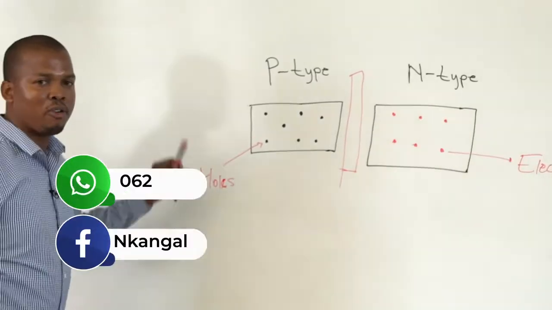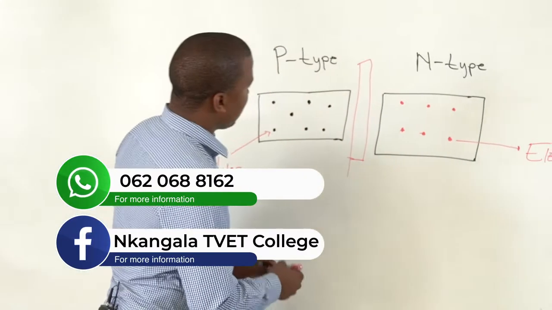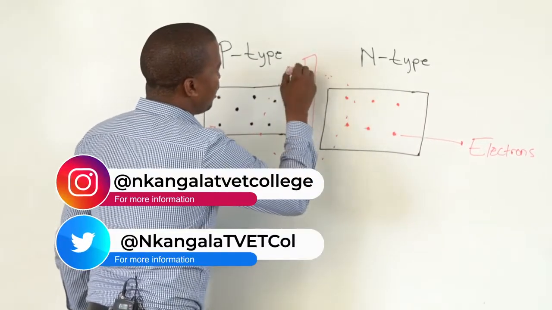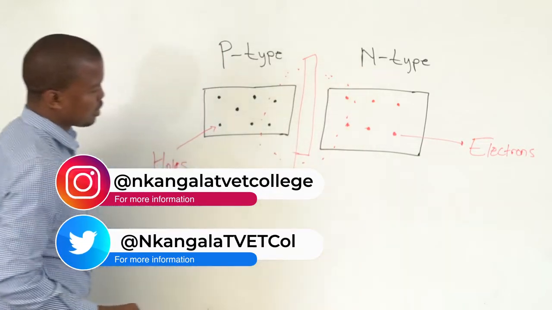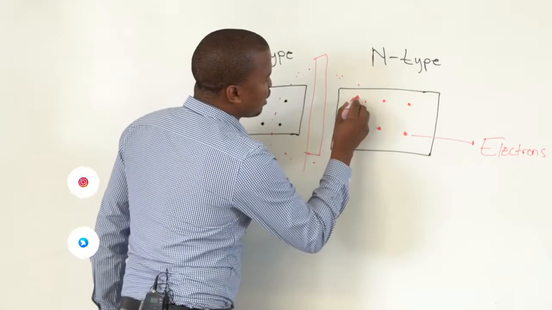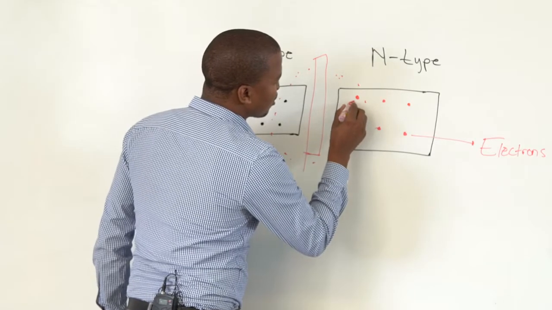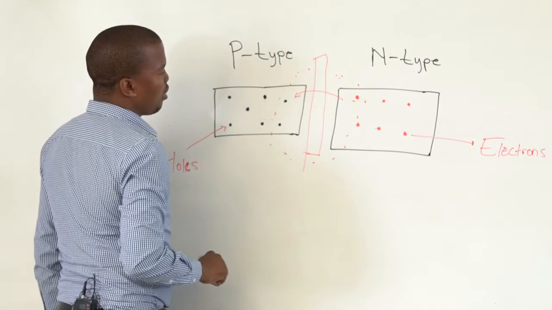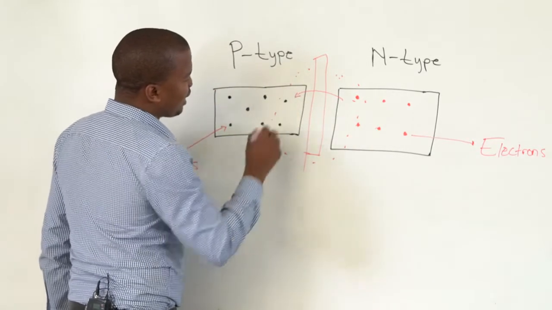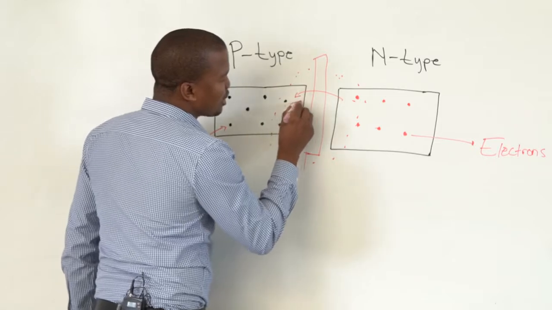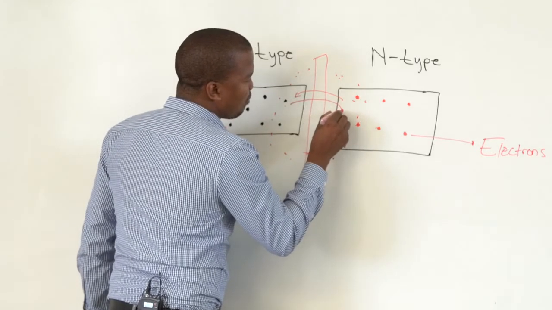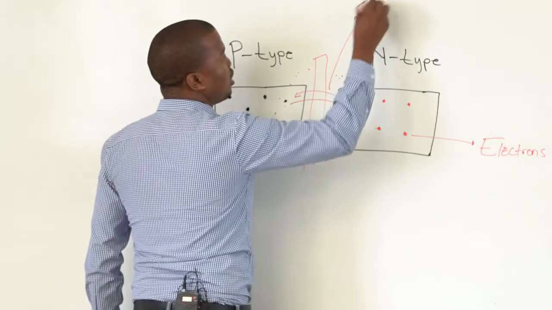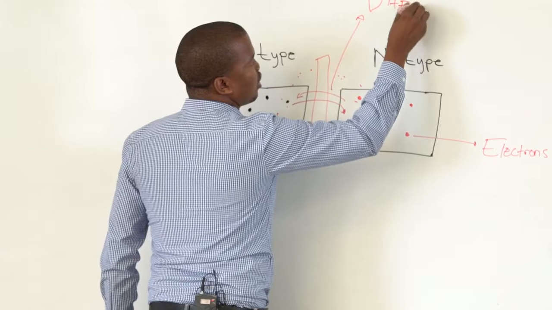To explain this further from my board, at this portion in the middle of the two semiconductors, the charge from the N-type will jump to the P-type position, and the charge from the P-type will jump to the N-type position. And this process is called diffusion.